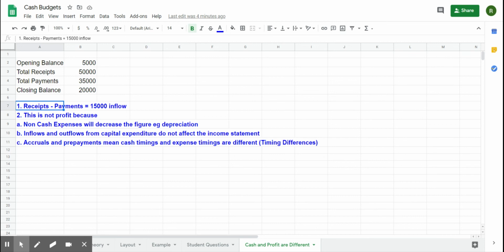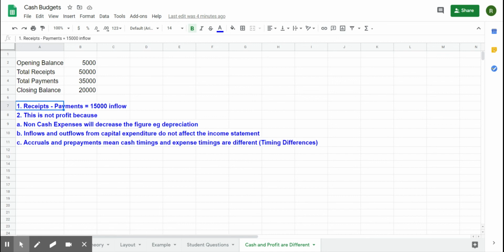Similarly, if we were to purchase a new vehicle, that would be a cash outflow and reduce the amount of cash available in the business, but only the depreciation element of that vehicle will appear in the income statement. So if we purchased a vehicle, we would have a larger outflow than if we didn't. However, the impact on the income statement as an expense would only be marginal due to depreciation.